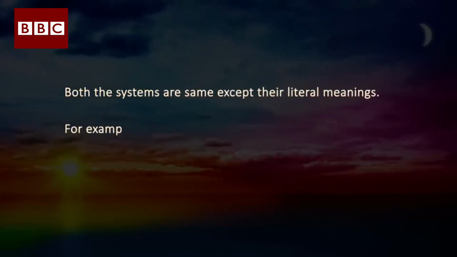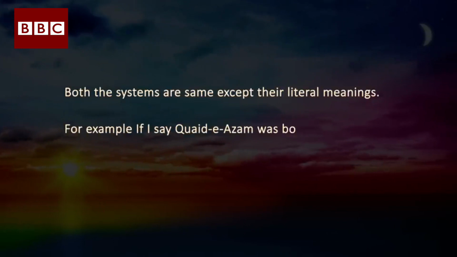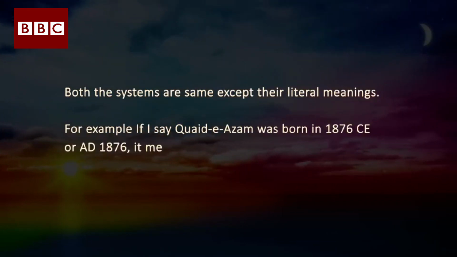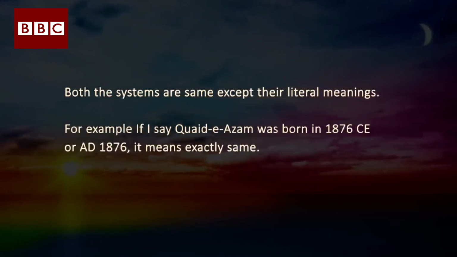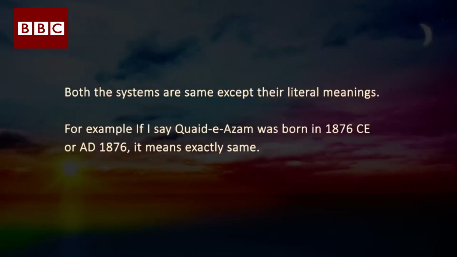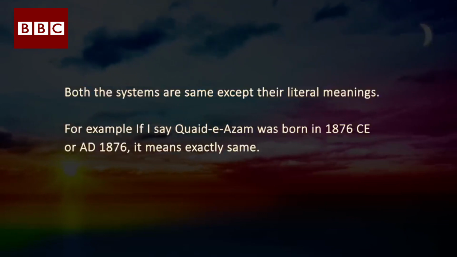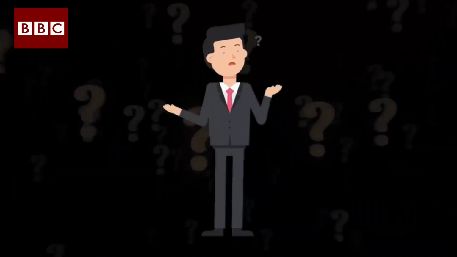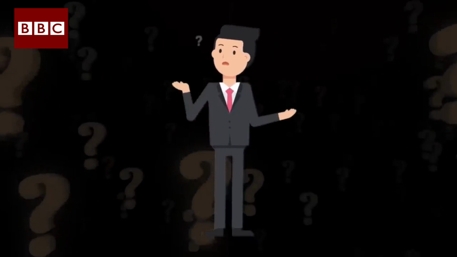But it means the same if we look beyond its literal meaning. For example, if I say that Quaid-e-Azam was born in 1876 CE, or if I say that Quaid-e-Azam was born in AD 1876, it means exactly the same thing.